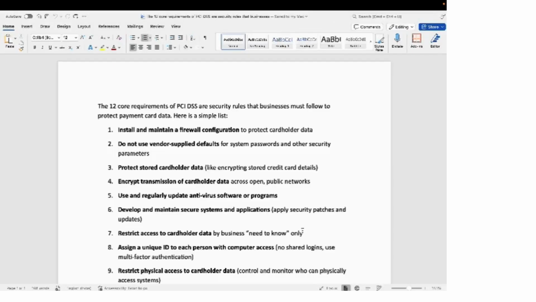And seventh, restrict access to cardholder data by business need to know only. If you have collected cardholder data for making the payment, it should not be used for other purposes like promoting your business.